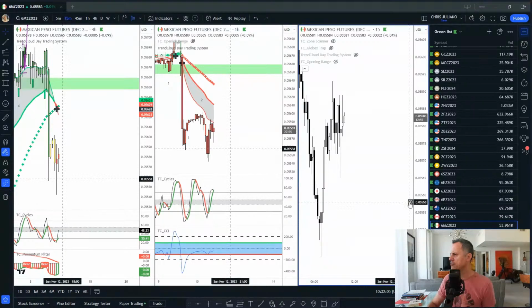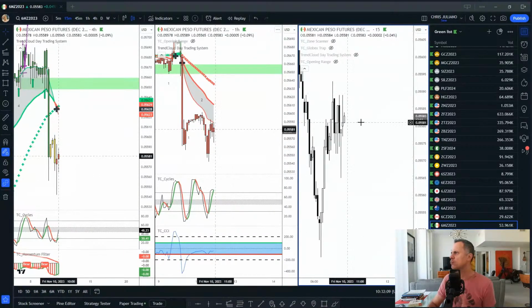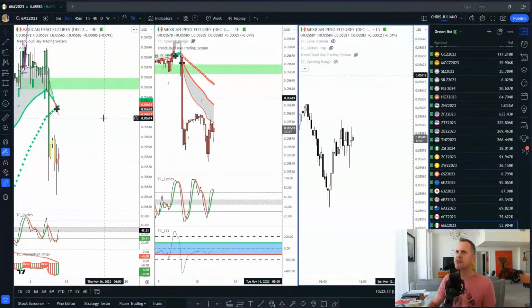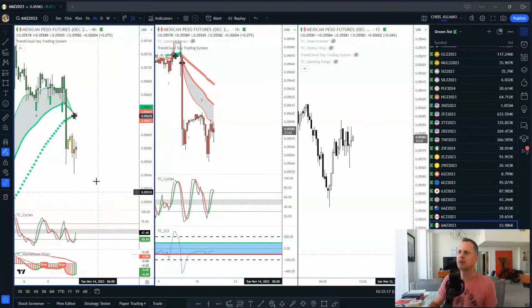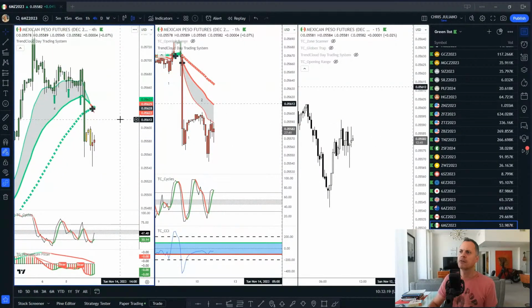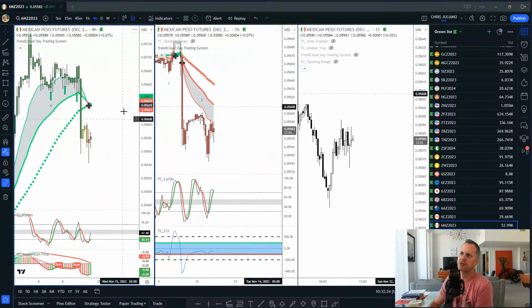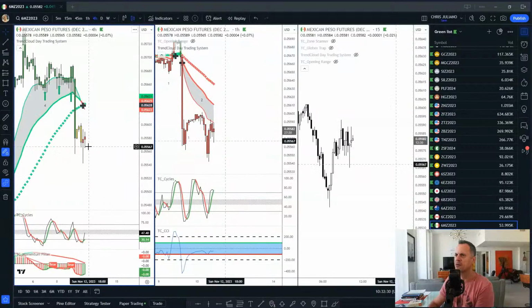Anything else, guys, you want me to take a look at? We kind of went through everything already. This is the Mexican peso. Same kind of deal as the British pound, right? We crossed over to the downside, but we've got a little bit more momentum here.